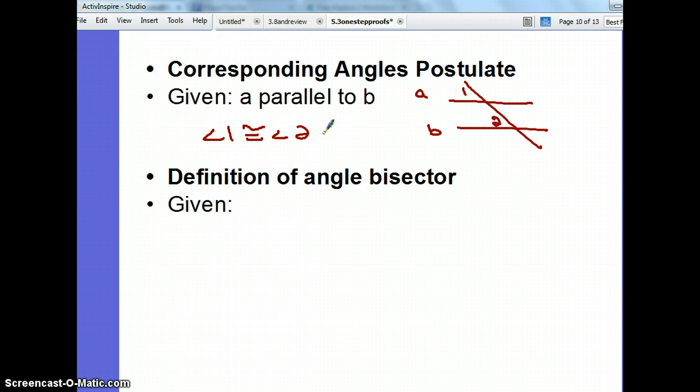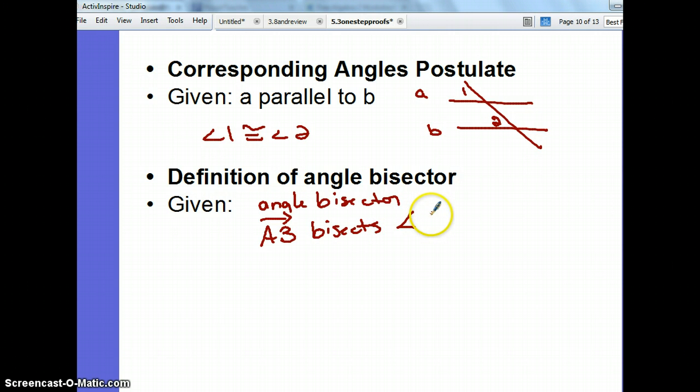Definition of angle bisector, we could go in both directions, but generally we have an angle bisector. Maybe let's write it this way: ray AB bisects angle CAR.